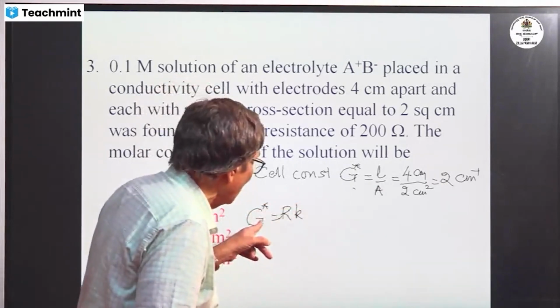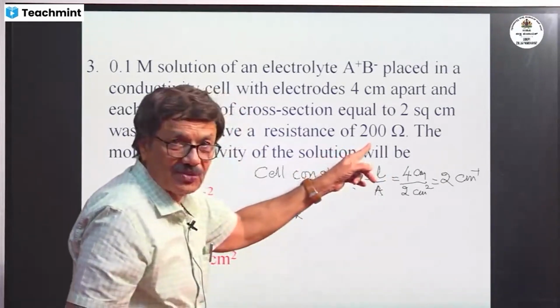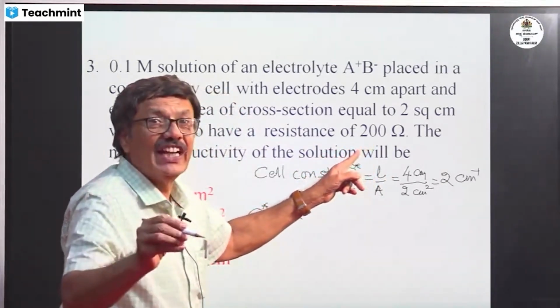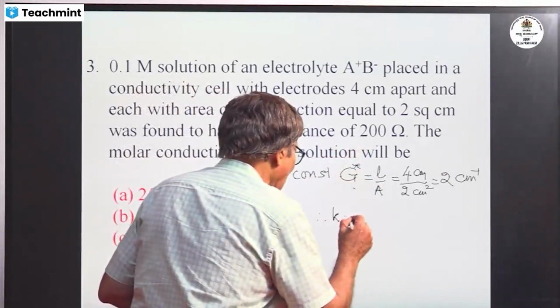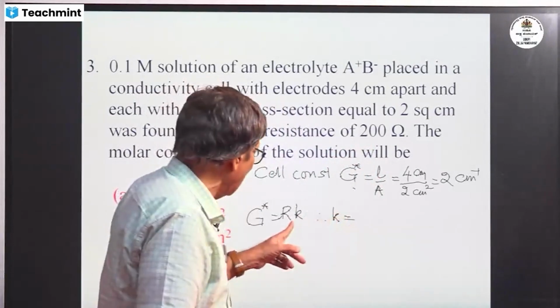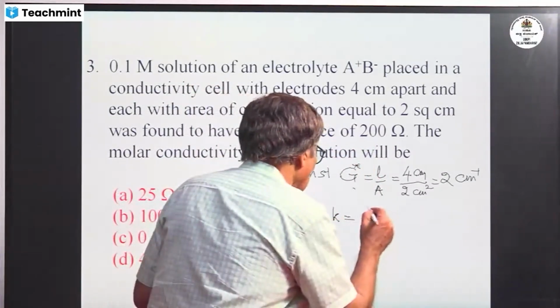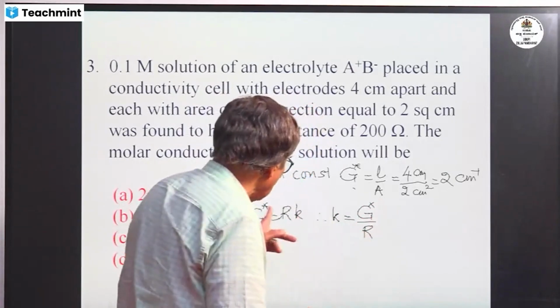Knowing the cell constant, which you already calculated, and the resistance, which has been given, you can find out the conductivity. Therefore, conductivity kappa, we can call it K, is equal to G star by R.